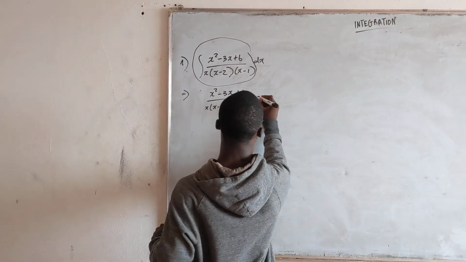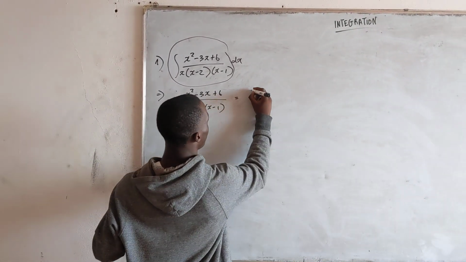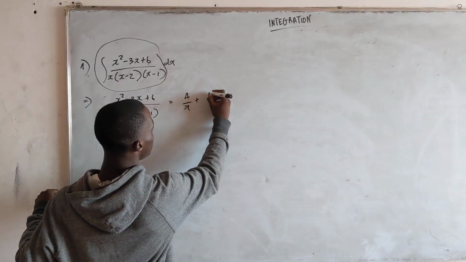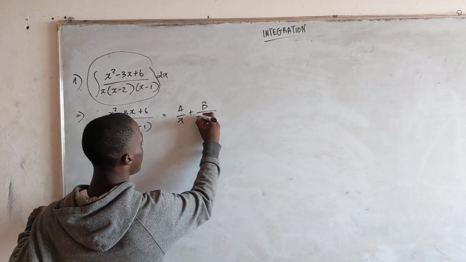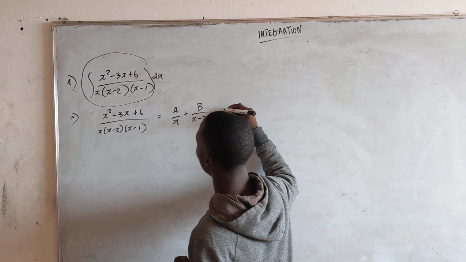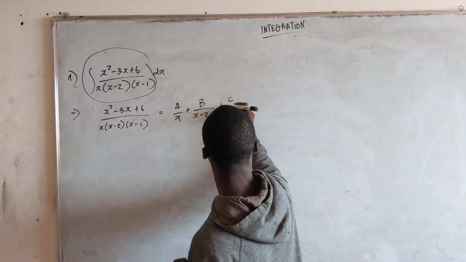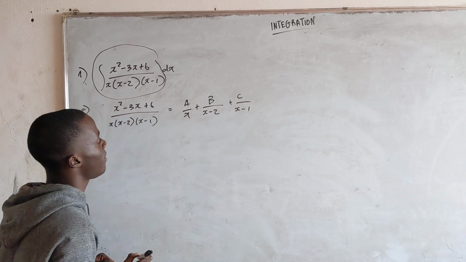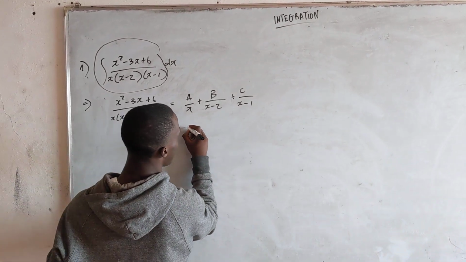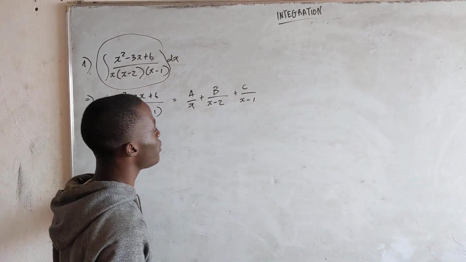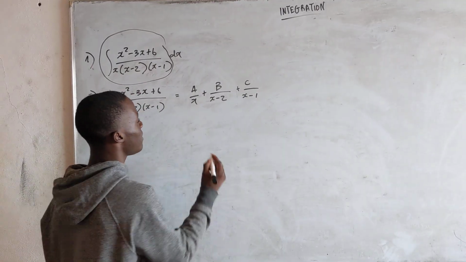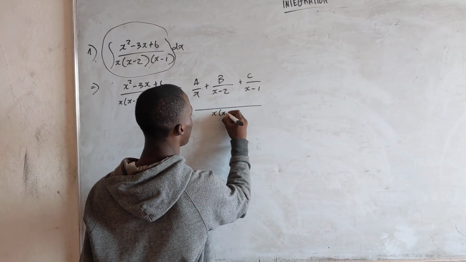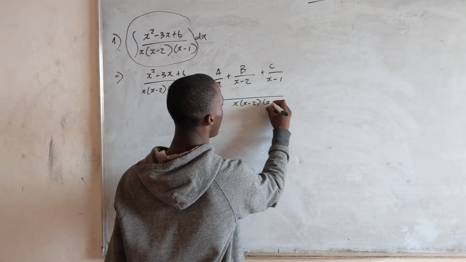First of all, to proceed, we have a over x plus b over x minus 2 plus c over x minus 1. Okay, we are going to find the LCM, as people usually say. x into (x minus 2) into (x minus 1).